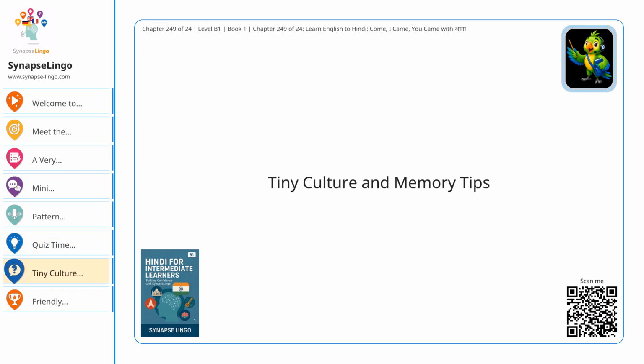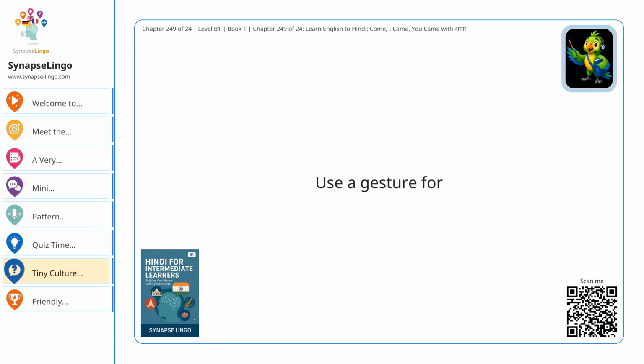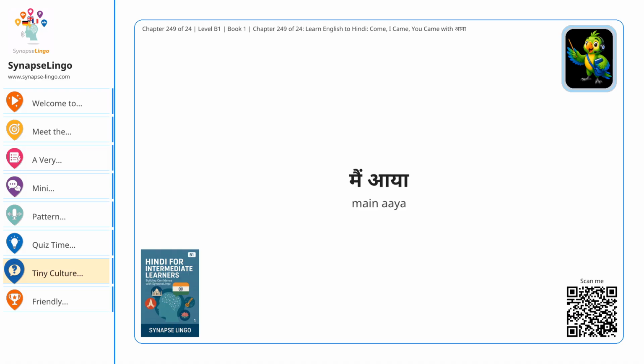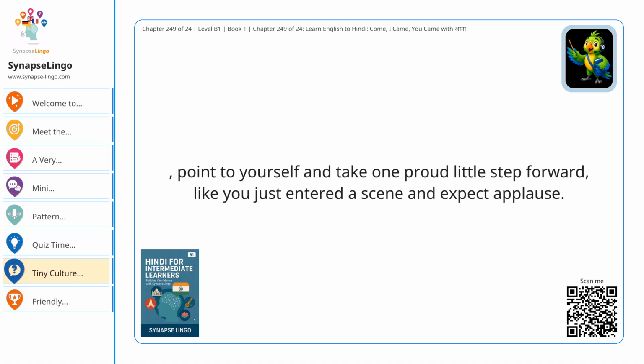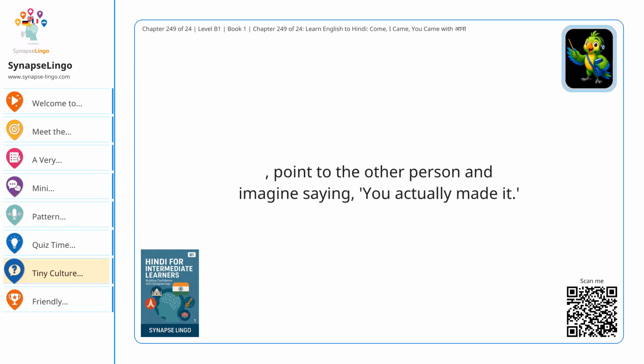कम. Tiny culture and memory tips. Before we finish, here are a few quick memory tricks to help these words stick. Sticky words are friendly words. Use a gesture for आना. Curl your hand toward yourself as if inviting someone to come. For मैं आया, point to yourself and take one proud little step forward, like you just entered a scene and expect applause. For तुम आए, point to the other person and imagine saying, you actually made it.